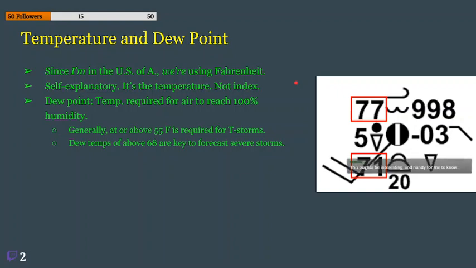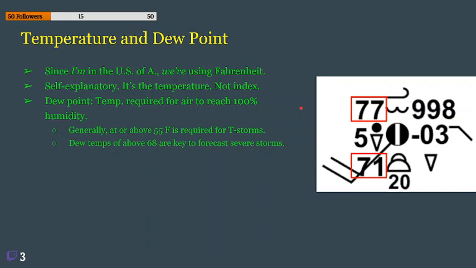Dew point. Yeah. So, dew point is the temperature required for air to reach 100% humidity. Generally, as a rule of thumb, a dew point at or above 55 Fahrenheit is required for thunderstorms.